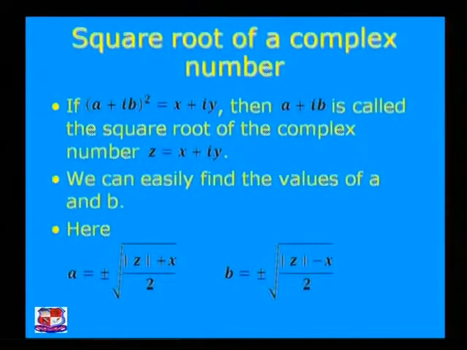I want to remind you one thing, that here the square root of x plus iy is equal to a plus ib, but it depends on the value of y.